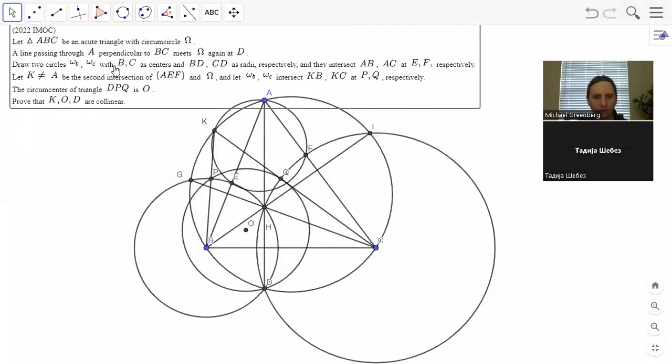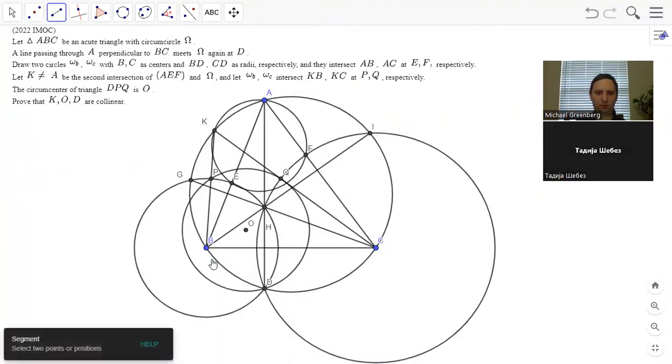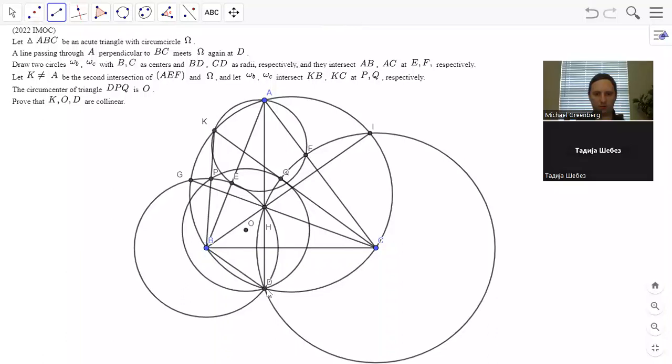Let's see. Yeah, the weird thing is that circumcircle of AEF. It's not something we see very often.